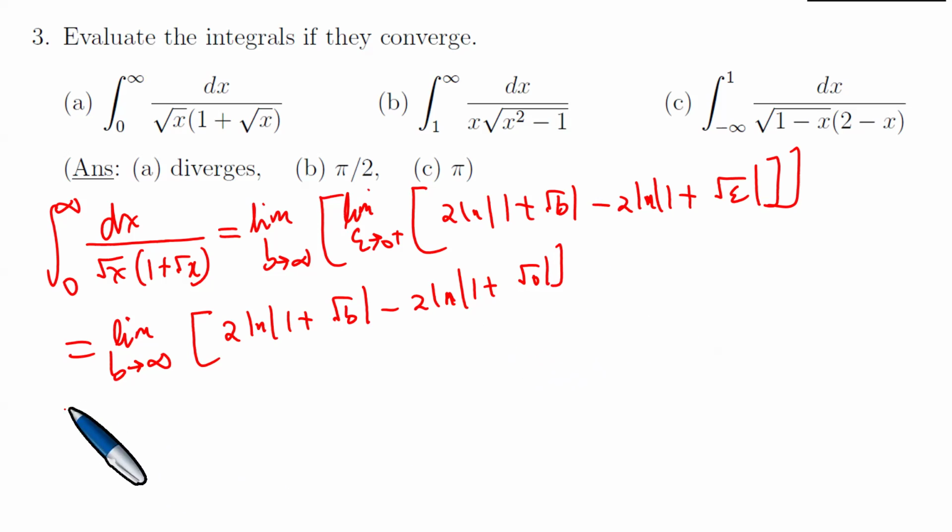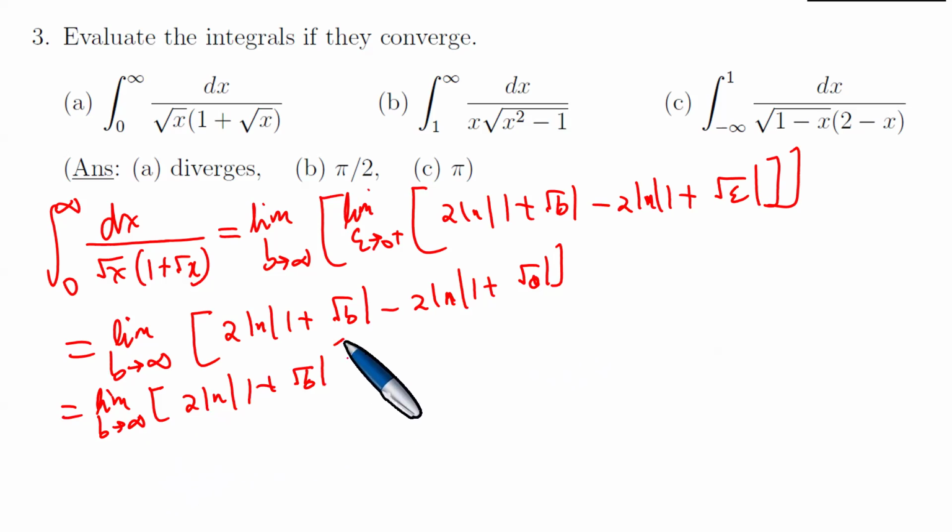So this one becomes 0. Meaning we have the limit as b approaches infinity, just taking it step by step. The square root of 0 is 0, so 1 plus 0 is 1. Ln of 1 is 0. So you're only going to be left with 2 the ln of 1 plus the square root of b.